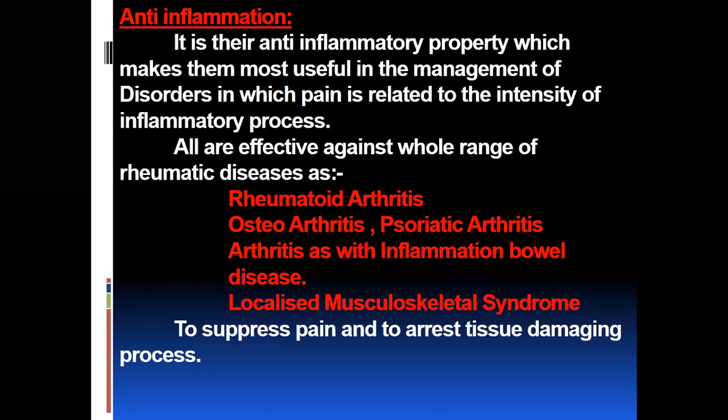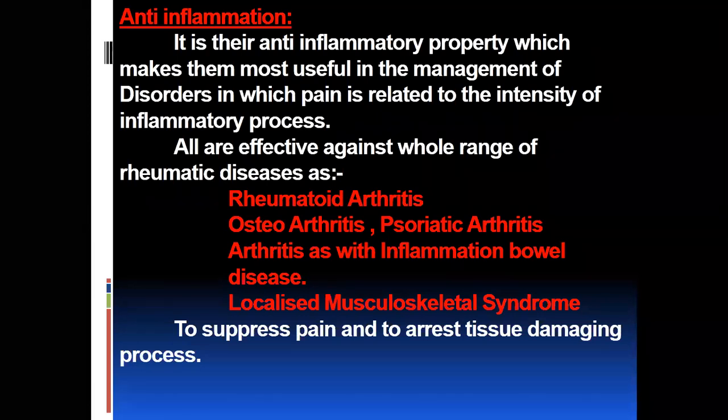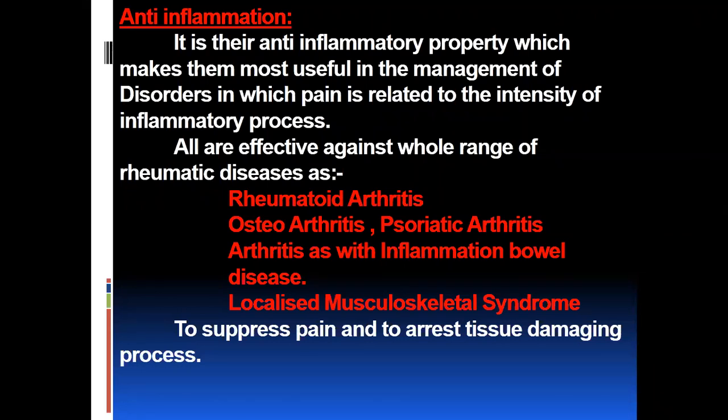All these drugs are effective against a whole range of rheumatoid diseases, such as rheumatoid arthritis, osteoarthritis, psoriatic arthritis, arthritis associated with inflammatory bowel disease, and localized musculoskeletal syndromes. These are chronic inflammation. Here there are two things: to suppress the pain and to arrest tissue damaging processes. That is analgesic action and anti-inflammatory action.